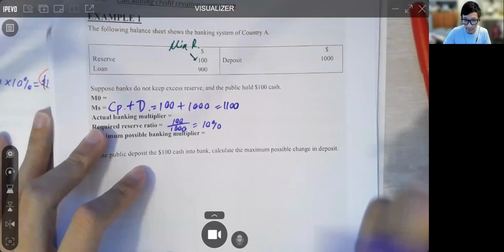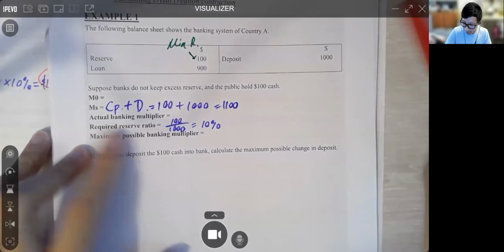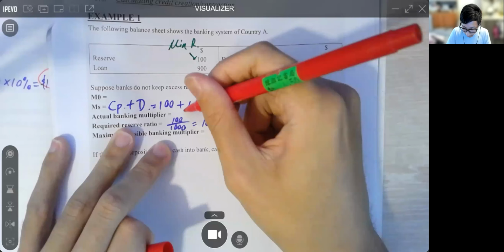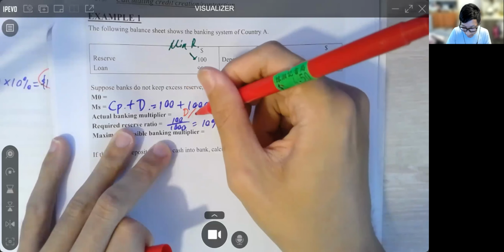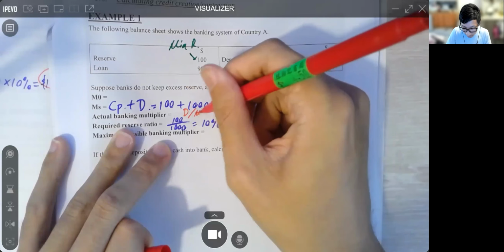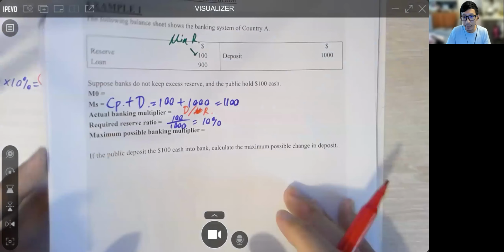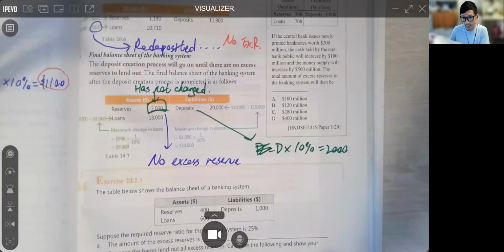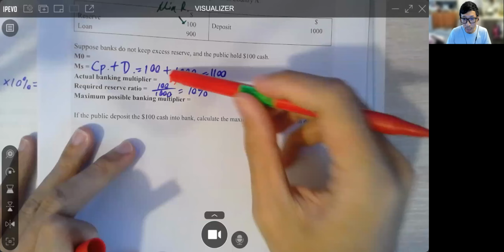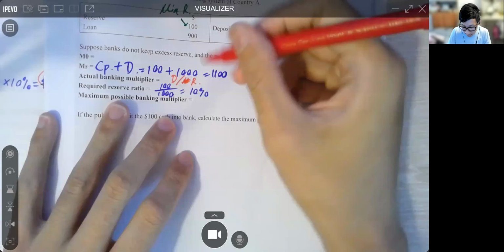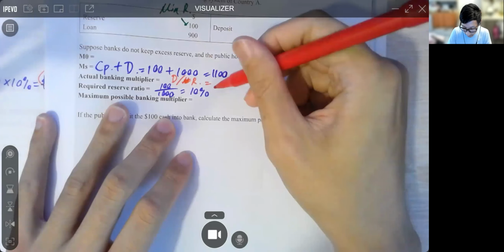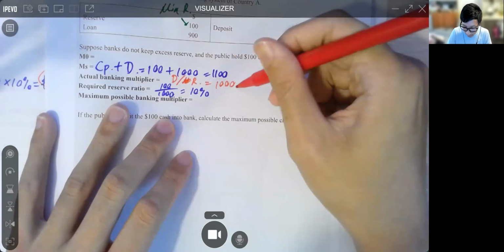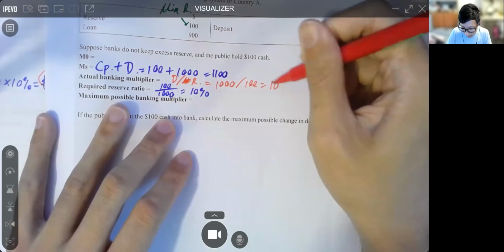Actual banking multiplier again is deposit divided by actual reserve, right? 我頭先寫啱嘅。By actual reserve. In our case, it would be this divided by this equals to 10.